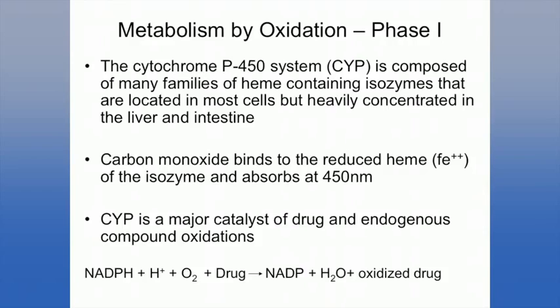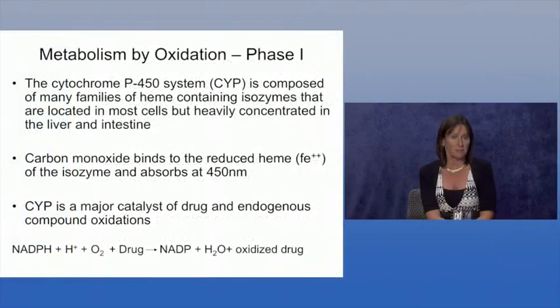These isozymes are located in most cells, as said previously, but heavily concentrated in the liver and also in the gut. Carbon monoxide binds the reduced hemoglobin of the isozyme and absorbs on a spectrograph at 450 nanometers. And this is why the nomenclature is cytochrome P450 system. You don't really need to remember that, but it explains the nomenclature.